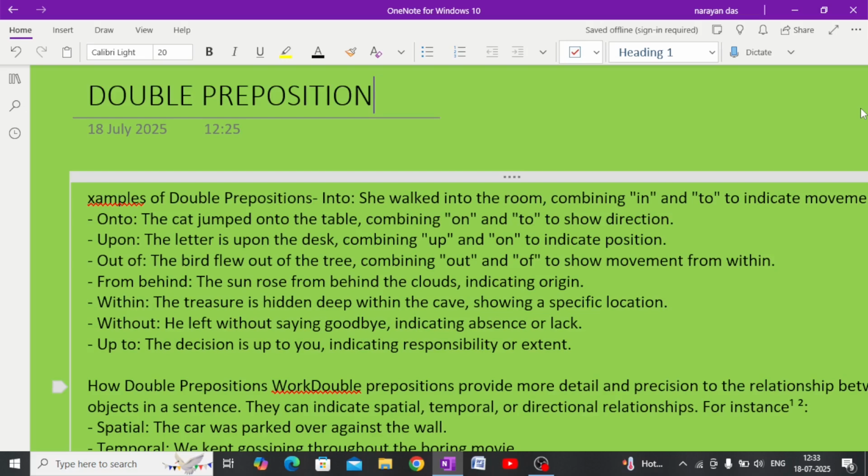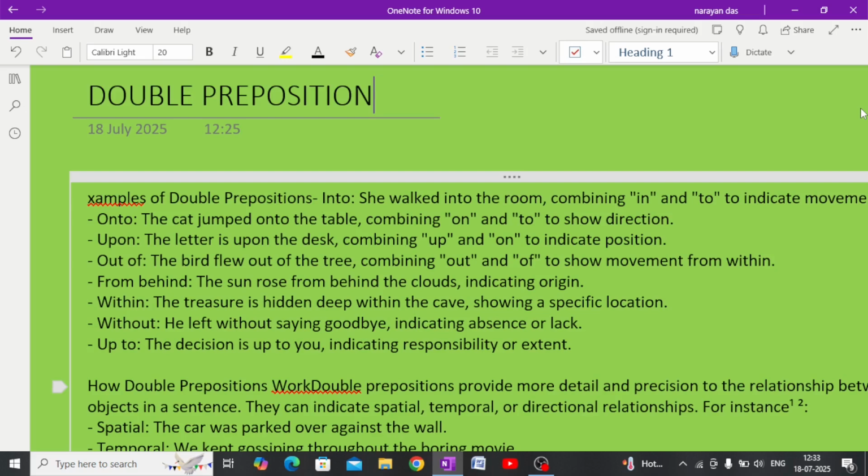Then you see upon. It is also similar. Up means upside or upper position, and on means surface or surface position. And the example you can say: the cat jumped upon the table. Same as onto, jumped upon the table. Out of.